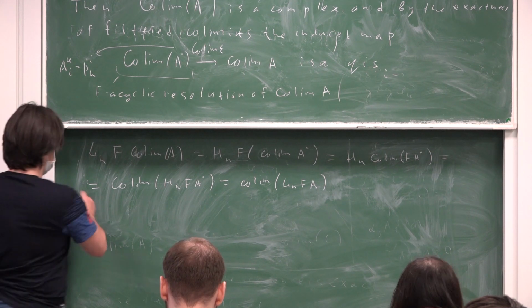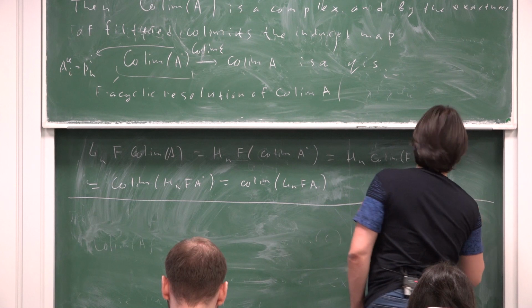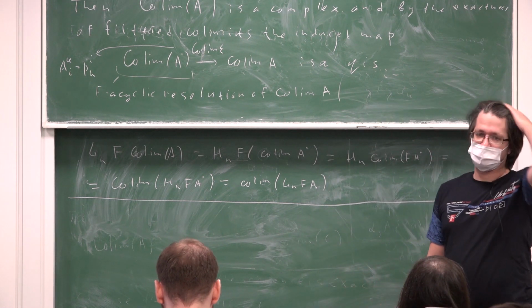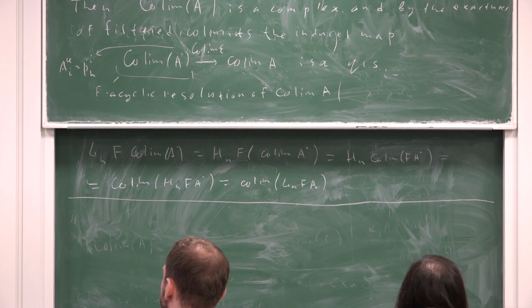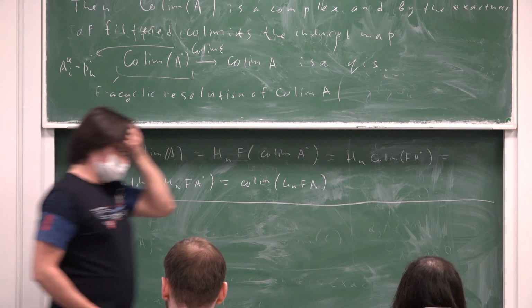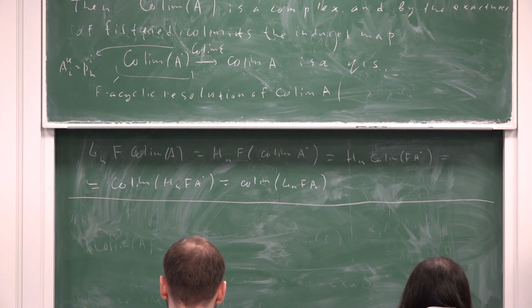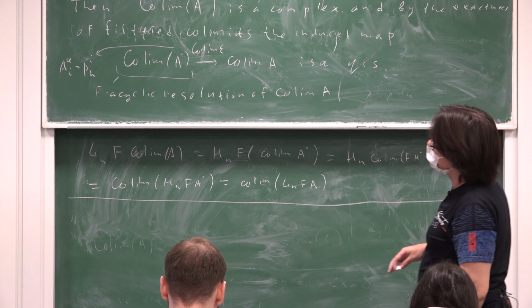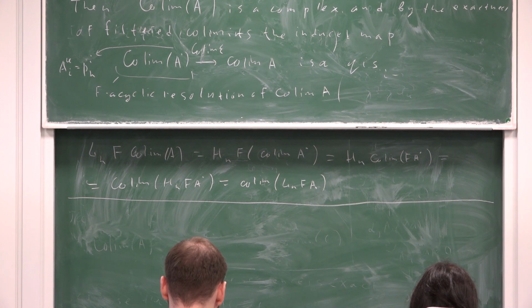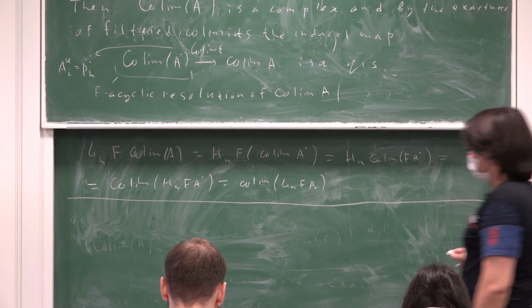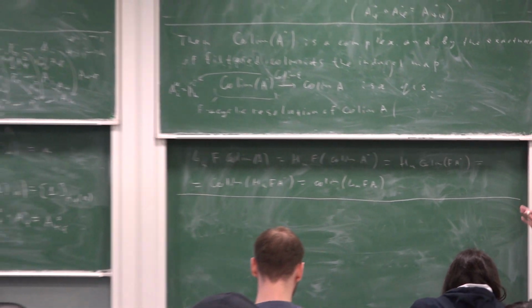So now we want to apply this to Tor. We know that Tor is the left-derived functor of tensor product. So we want to show that, in this case, if f is the tensor product with some concrete module, then it's not clear what is f-acyclic, but for sure all flat modules are f-acyclic.